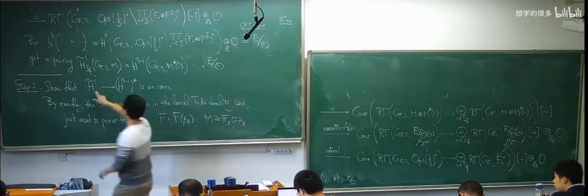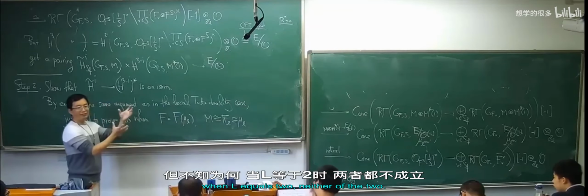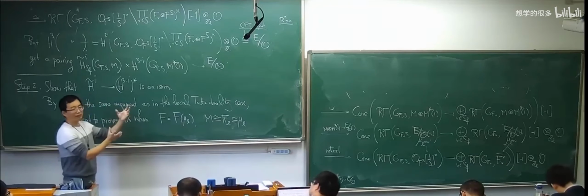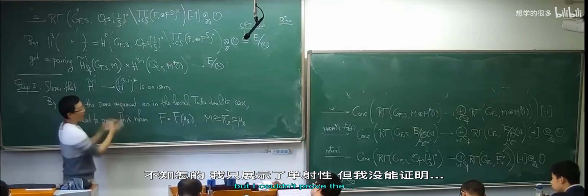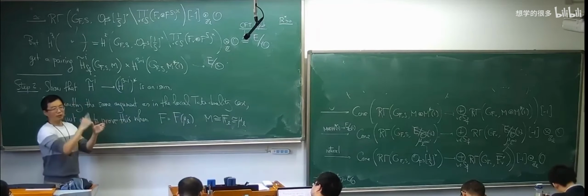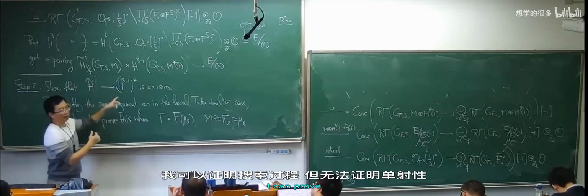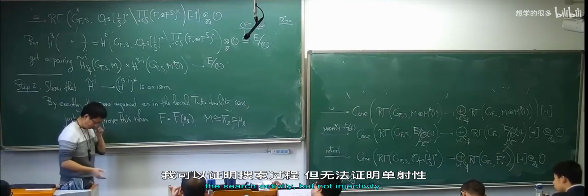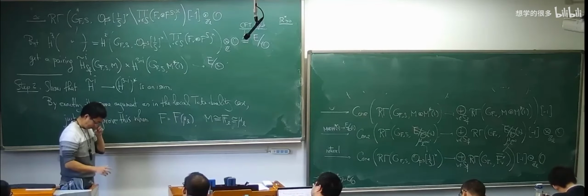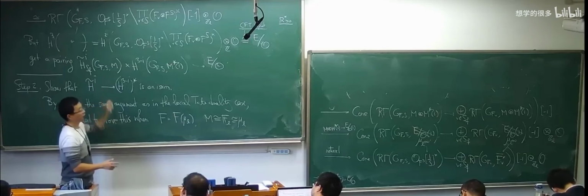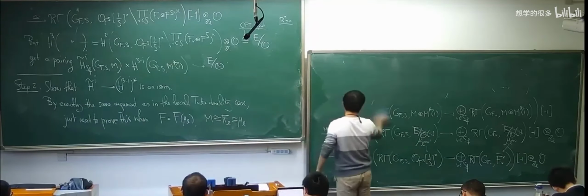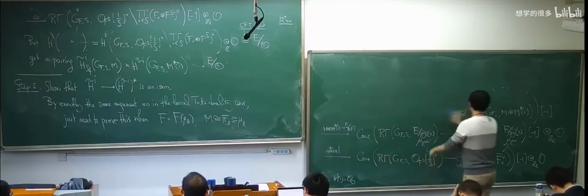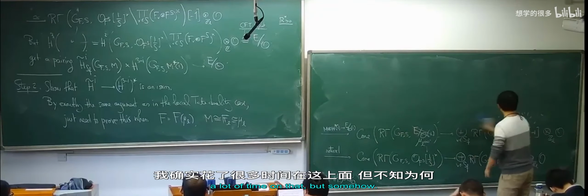But when L equals 2, neither of these is bounded. I can prove the surjectivity, but not the injectivity. I couldn't get that part to work. I did spend a lot of time on that.